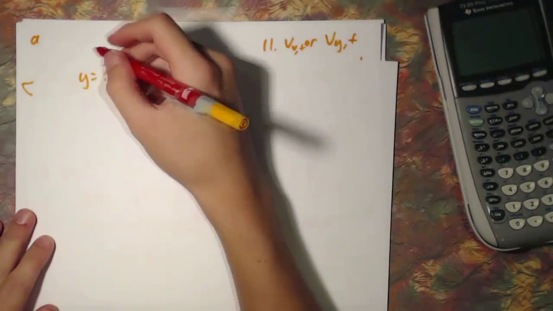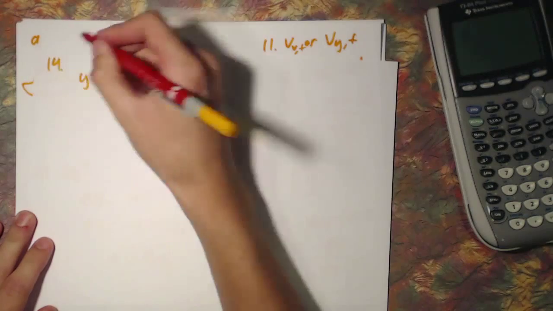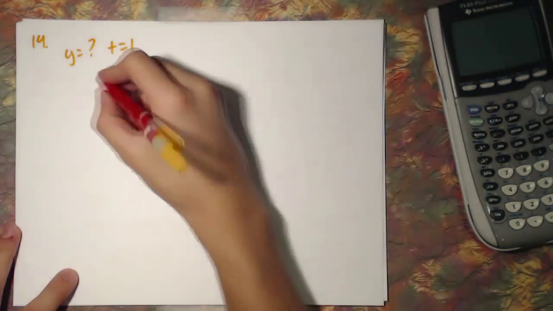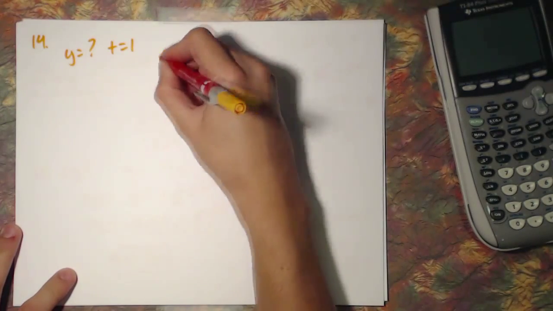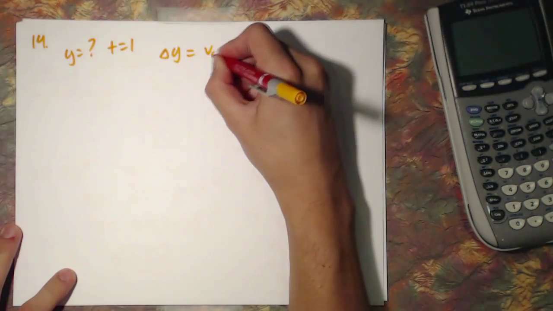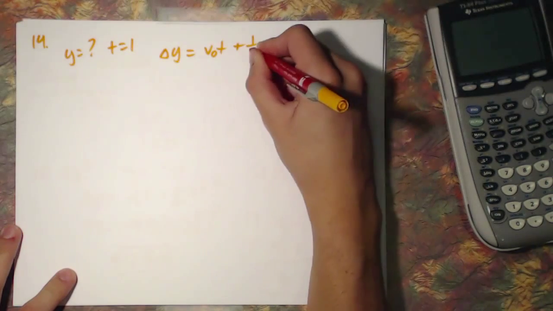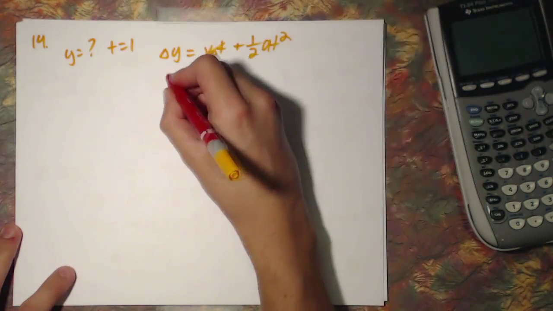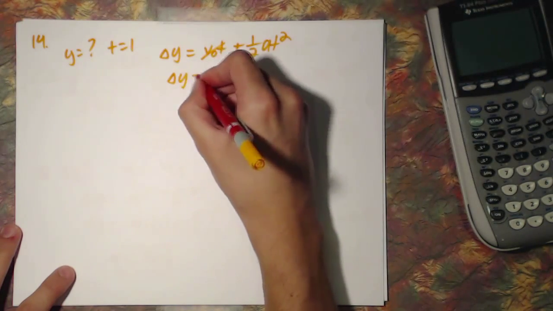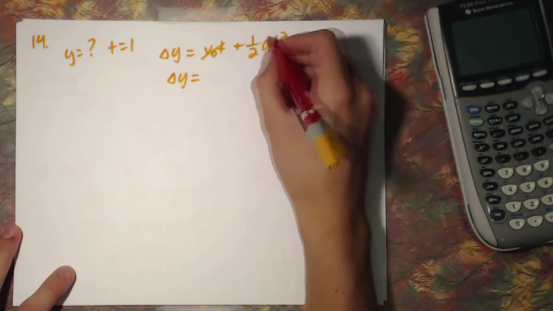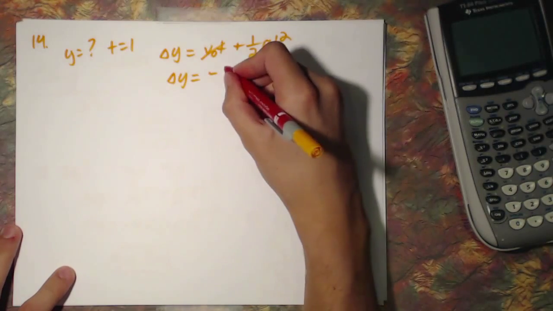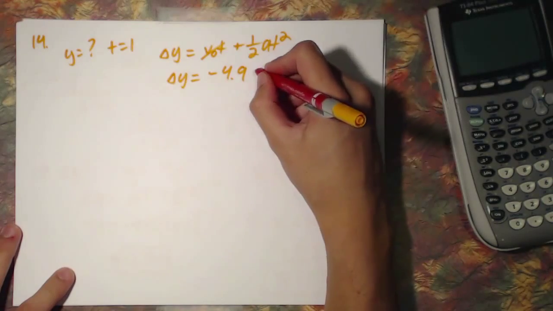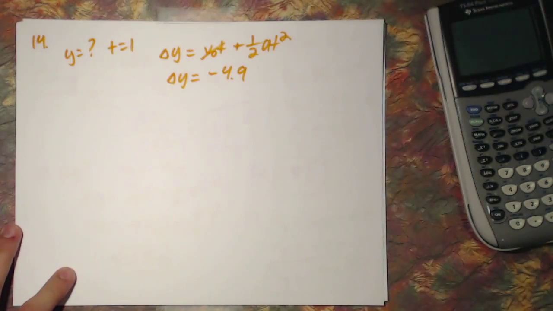We're going to use this handy dandy equation, delta y equals v naught t plus 1/2 a t squared. There is no initial vertical velocity for this problem, so our delta y is equal to 1/2 a, which is 1/2 times negative 9.8, which is negative 4.9, times t squared. t is 1, squared is 1, and negative 4.9 times 1 is negative 4.9.